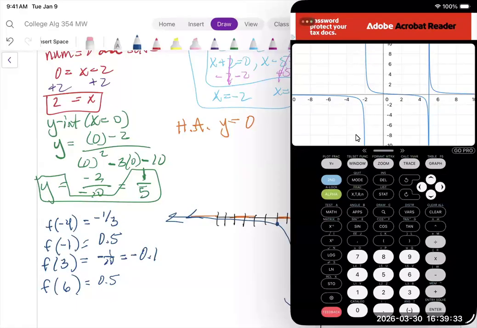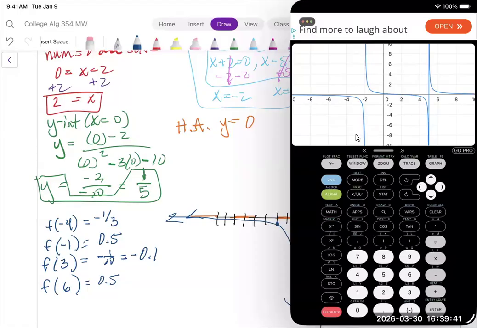So on a test, I'm not going to give you a function and say graph it, because some of y'all have graphing calculators, and that's not really fair to those of you who don't. There are workarounds. Basically, it'll be like, where's the horizontal asymptote? What is the vertical asymptote?